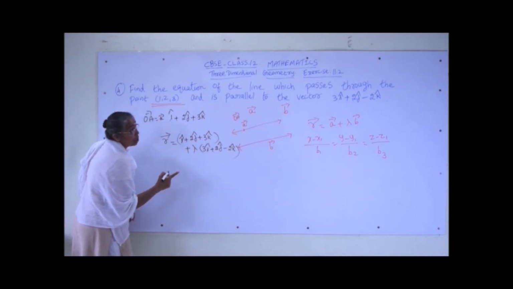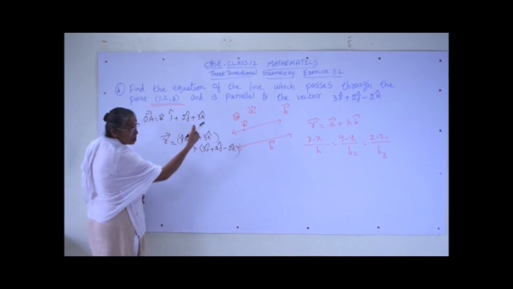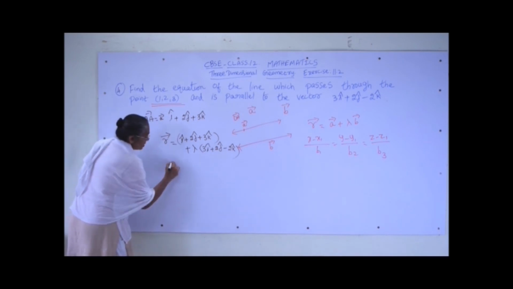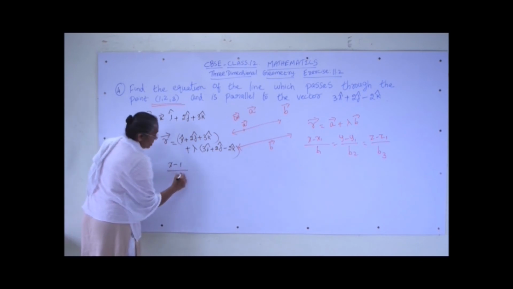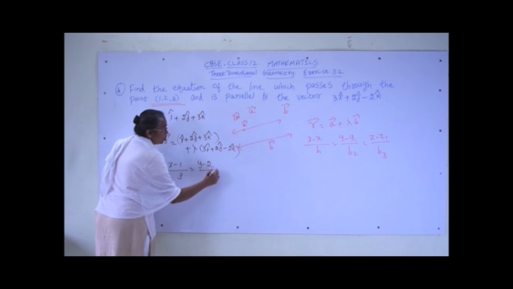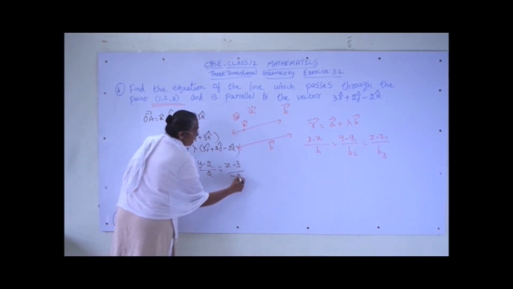Now, the Cartesian form: these are x1, y1, z1, and b1, b2, b3 are 3, 2, minus 2. So, x minus 1 divided by 3 is equal to y minus 2 divided by 2 is equal to z minus 3 divided by minus 2.